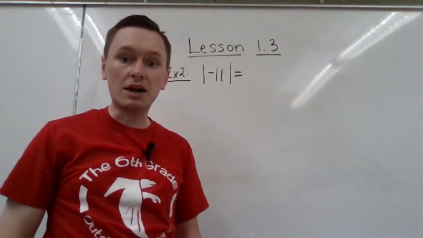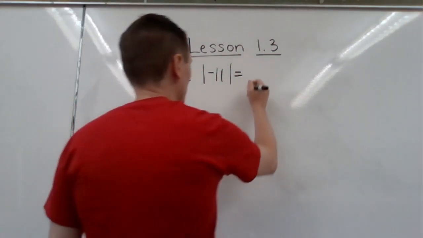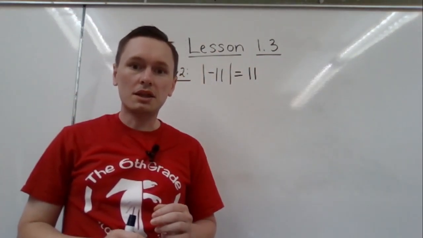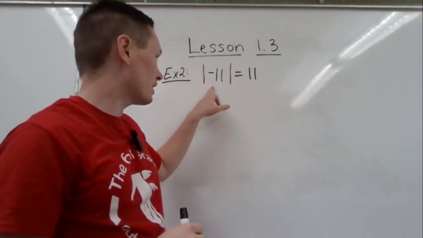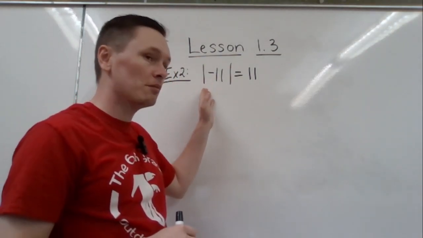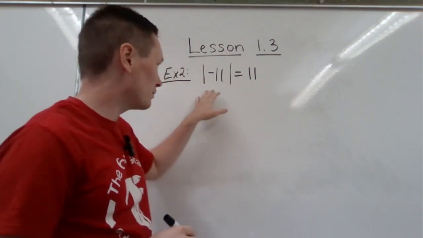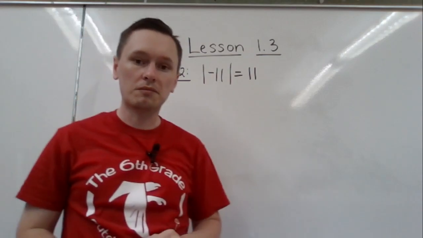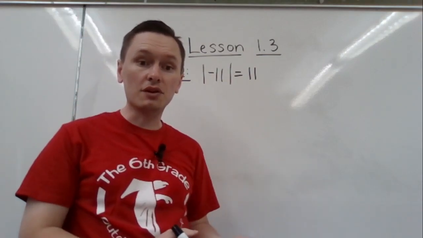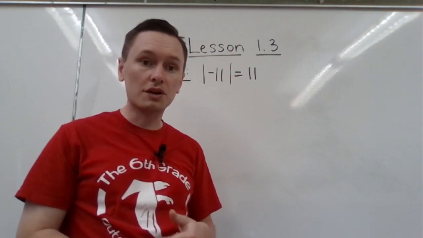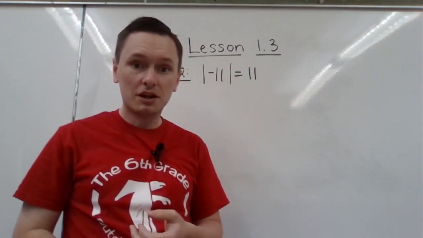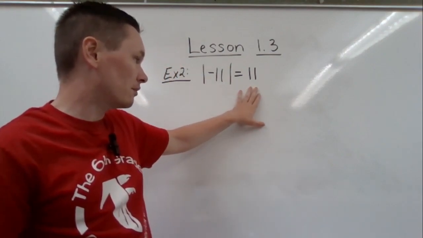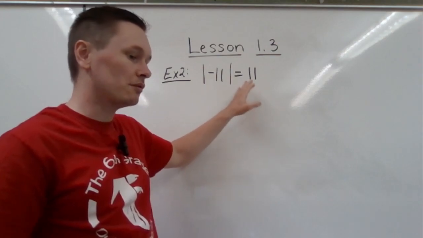The absolute value of negative 11 is 11, because even though the negative sign is attached, negative 11 is still only 11 jumps from 0. Just because it's on the left side of 0 does not mean that it's any further than 11 would be on the right side. So the absolute value of a negative number is always positive, which is why we always represent absolute values positive.